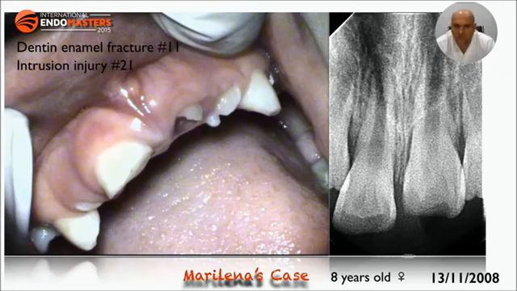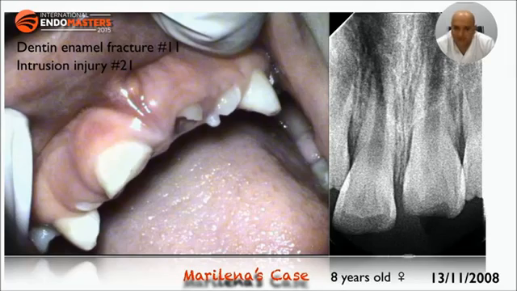The only thing I could do back then, in 2008, was to try and protect the exposed dentinal tubules of little Marlena's right maxillary central incisor with some bonding and composite resin restoration, and to leave the other incisor for spontaneous repositioning.